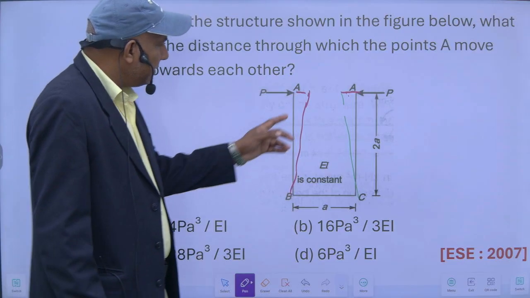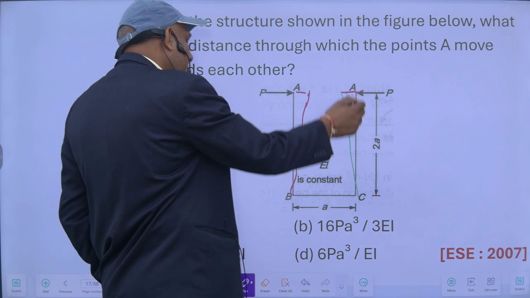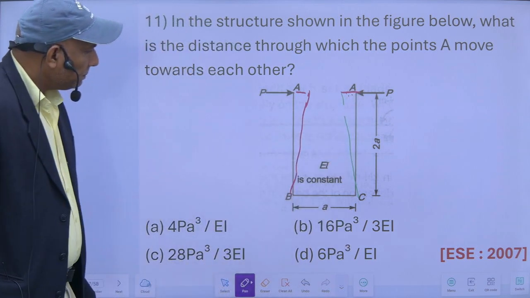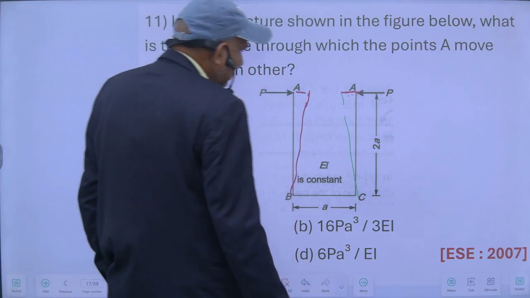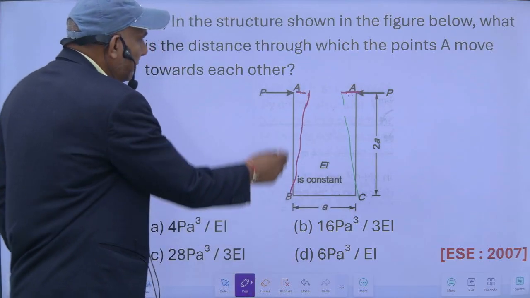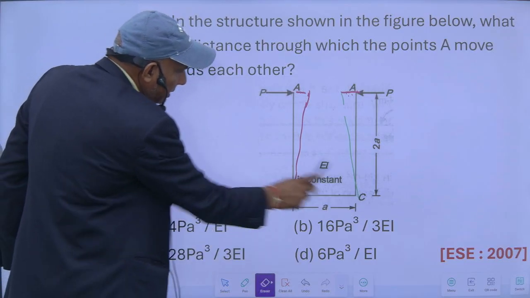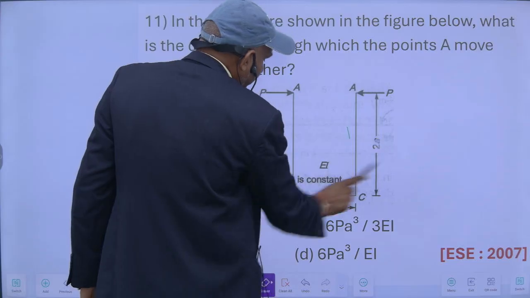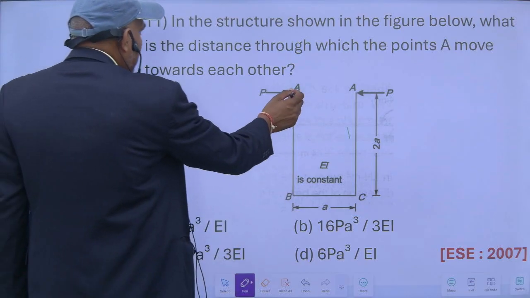So whatever will be the deflection at this point, the same deflection will be here. So this plus this, the deflection at this point will be equal to how much? For this I will use the strain energy method.